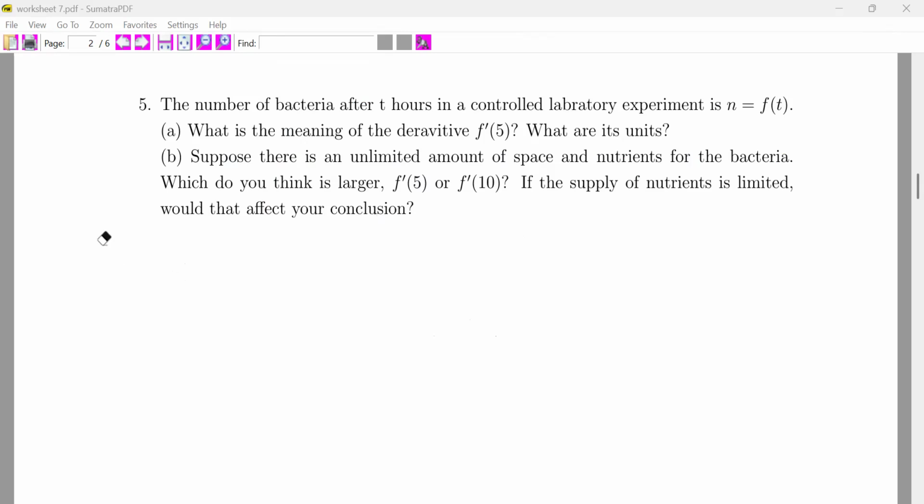As we write the answer for part A, we are going to say that f prime of 5 is the rate of growth because it is a derivative. This is the rate of growth of the bacteria population after 5 hours.